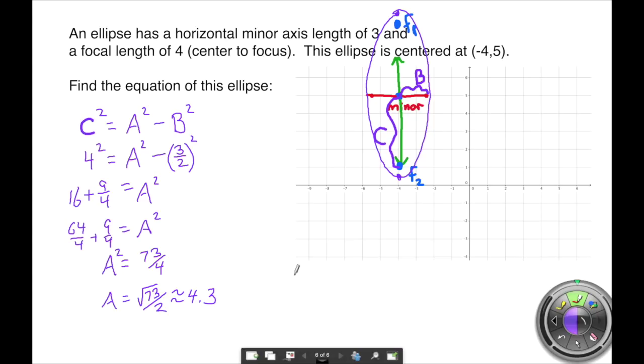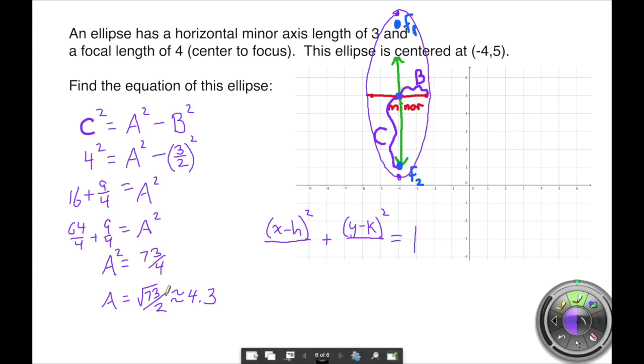All right, so now for the equation. The equation is x minus h, I use the circle designation, over something, and I'll leave that alone for a second. Plus y minus k all squared over something is equal to 1.